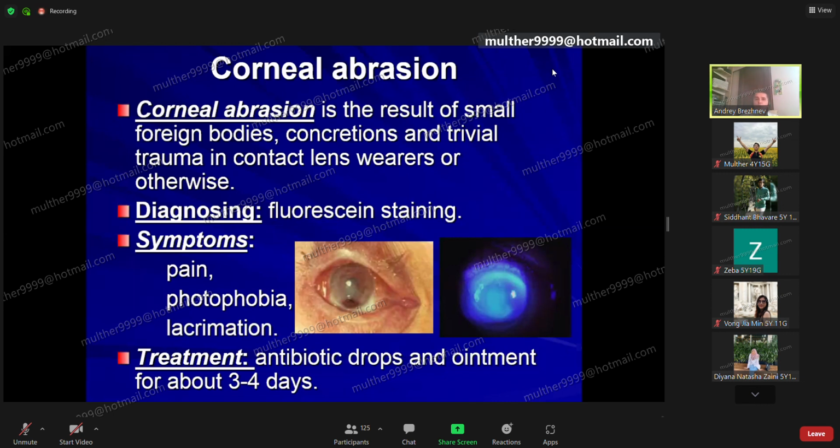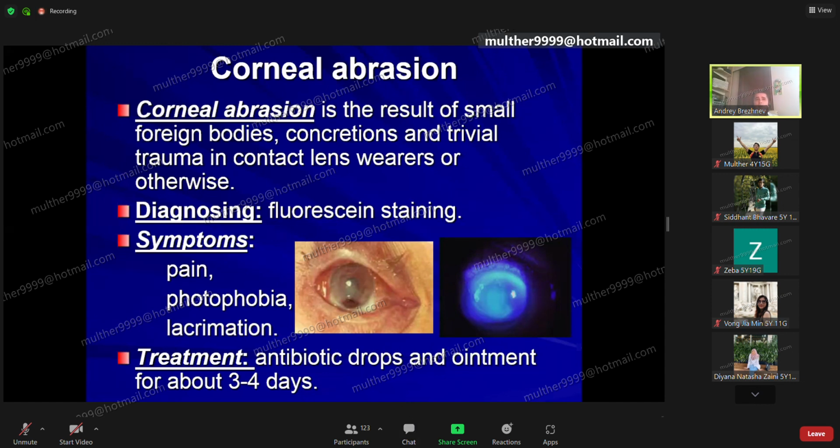They look greenish during the examination. Very easy to determine the presence of this erosion, but sometimes rather difficult to treat it.